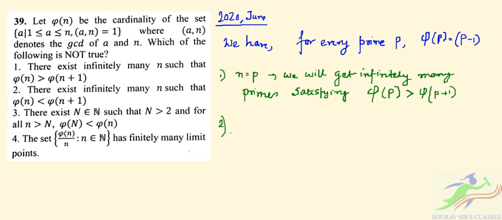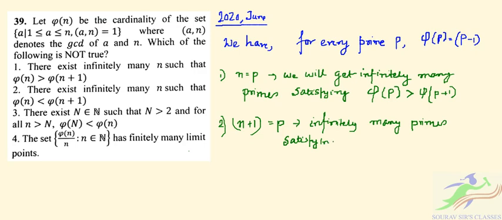So let's check with option 2. There exist infinitely many n such that phi of n is less than phi of n plus 1. Now if we fix n plus 1 equal to p, then we will get infinitely many primes which will satisfy the relation phi of p minus 1 is less than phi of p.